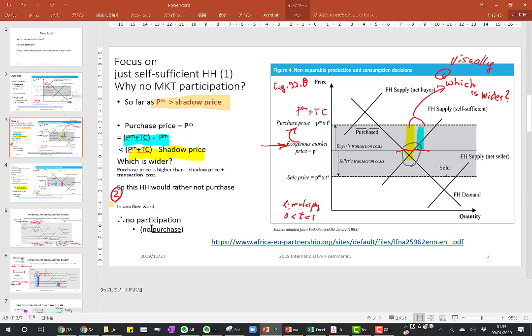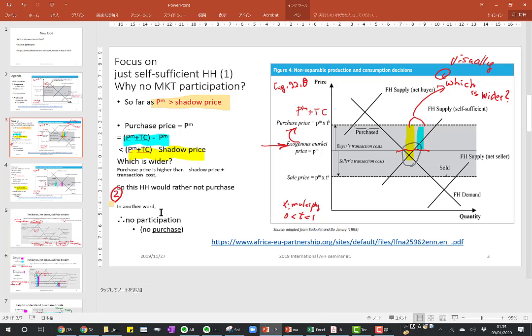In other words, this household produces some food just for their own consumption, which means self-sufficient, and then they don't buy food from the market.